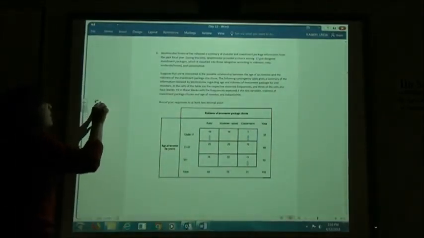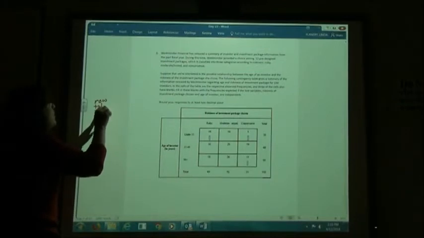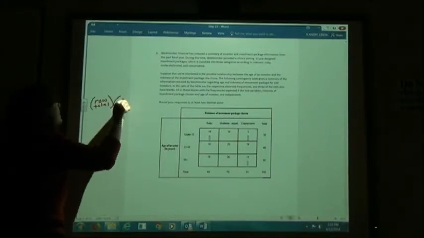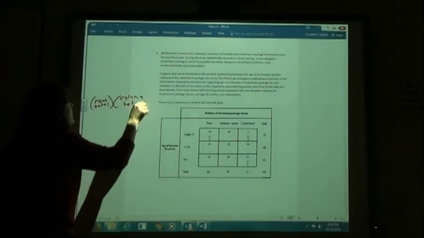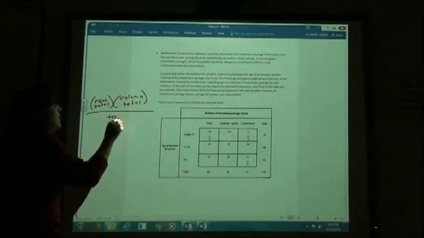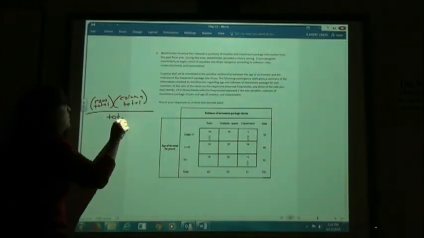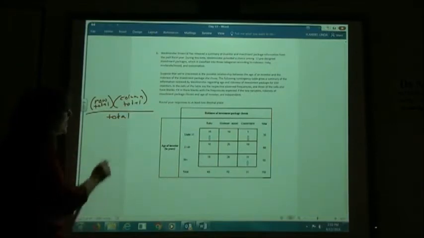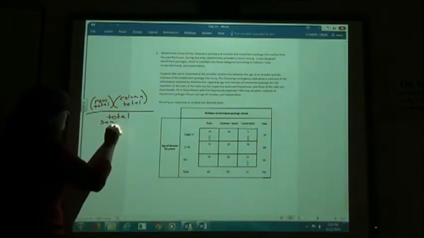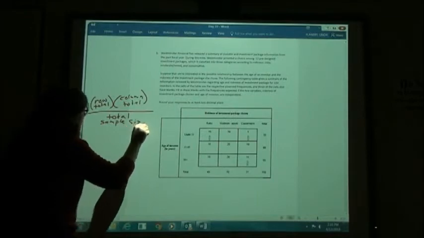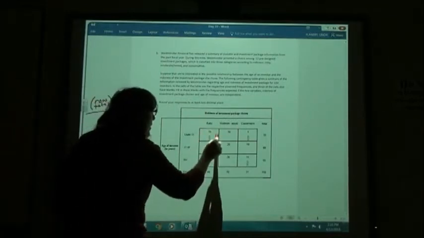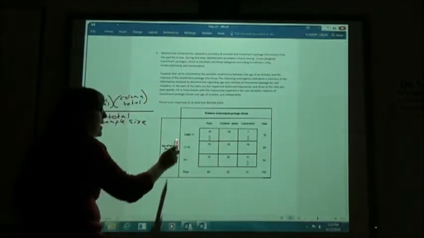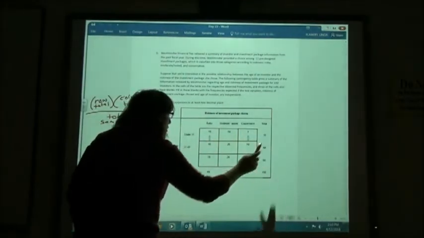So, row total times column total divided by total sample size. So on the first box here, I'm doing this one, under 35 and risky. My row total, 35.